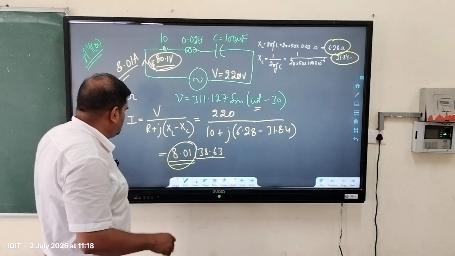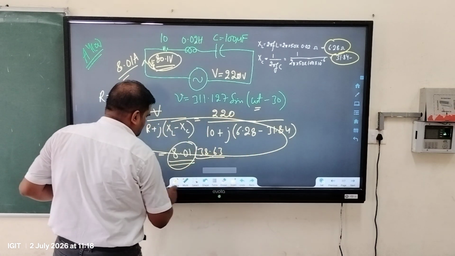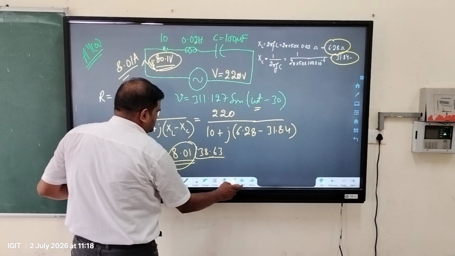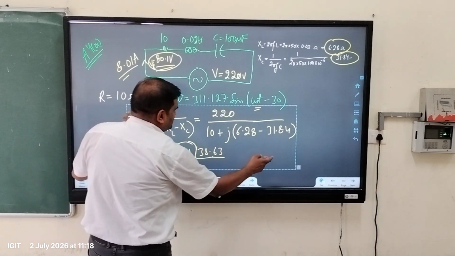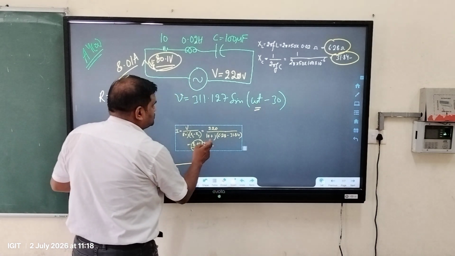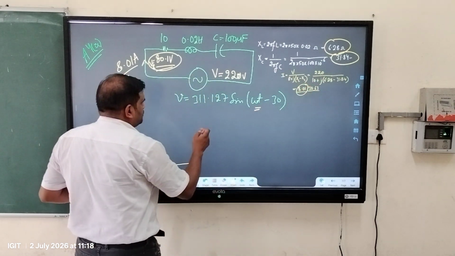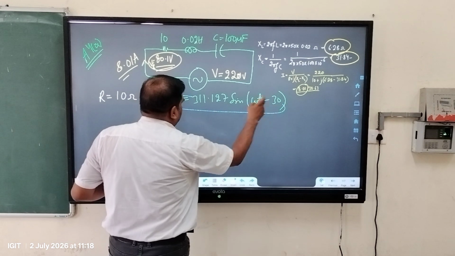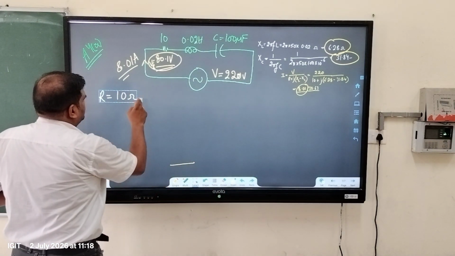That is possible only if the inductive reactance is equal to the capacitive reactance. So the current value for the first question is over here. This is just to avoid confusion, so we remove this one. 10 ohm is given, okay, fine.